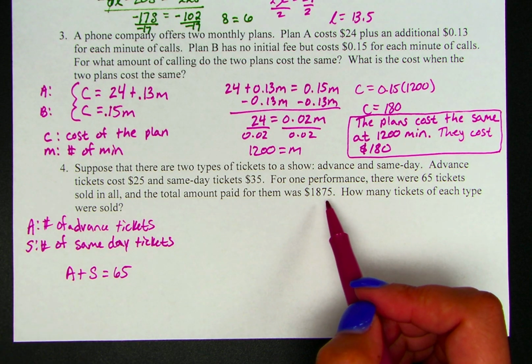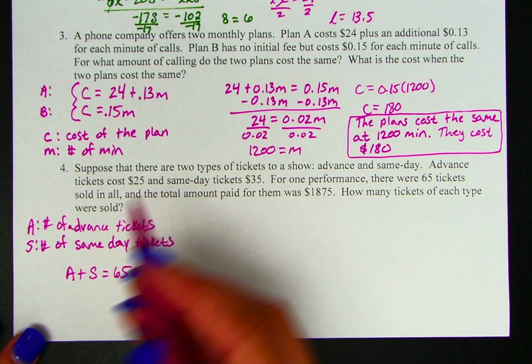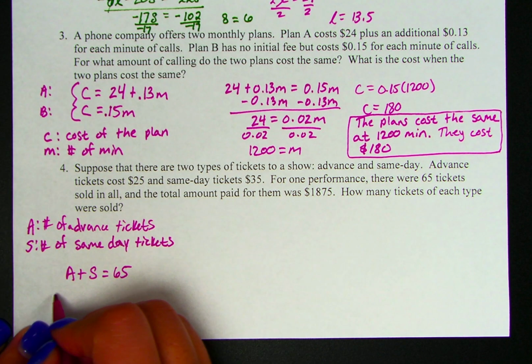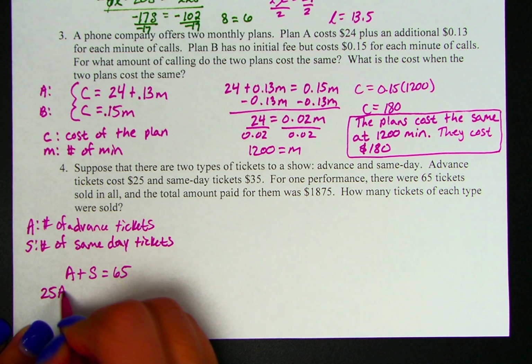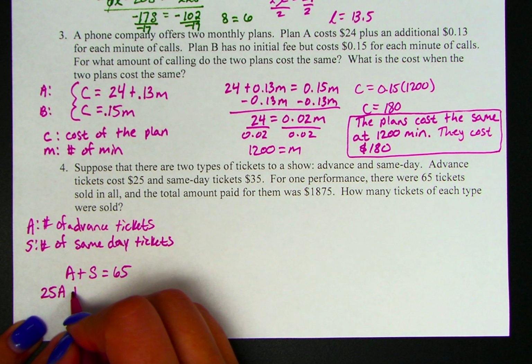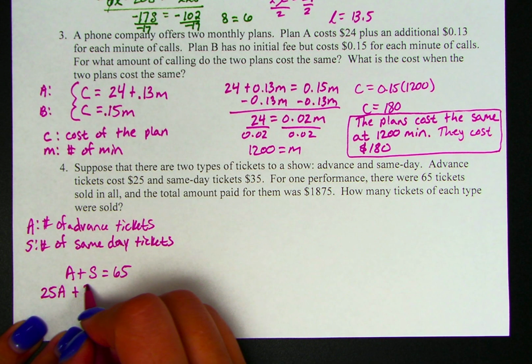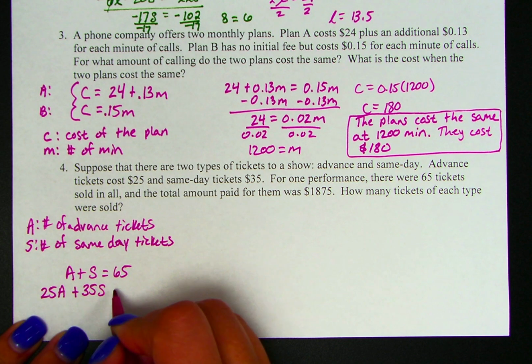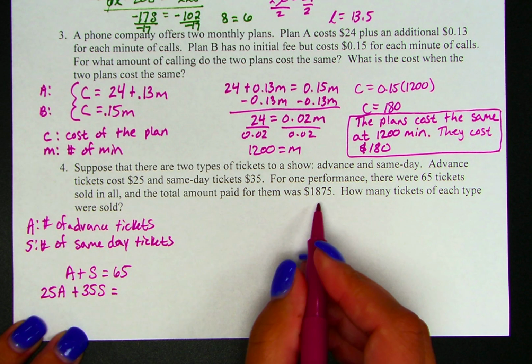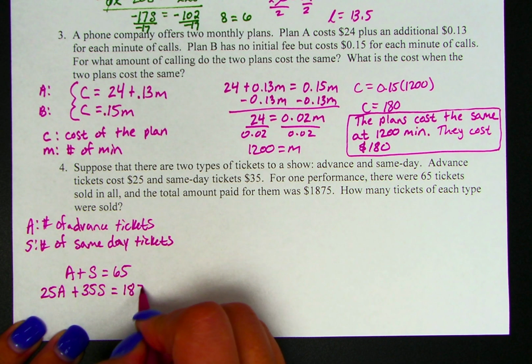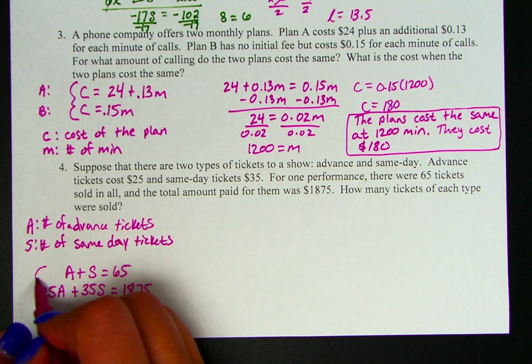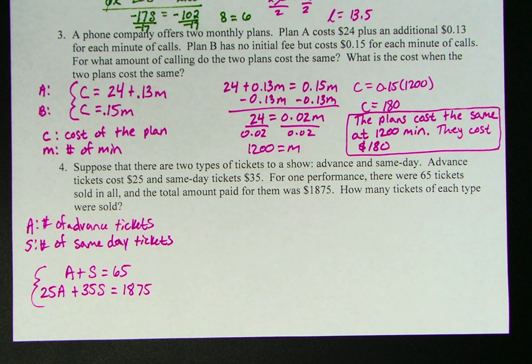So that means I would take how much the advanced ticket costs. So that's the $25 times A, and then plus the $35 times the same day tickets. And then that's going to equal the 1,875. So this is my system that I am working with.